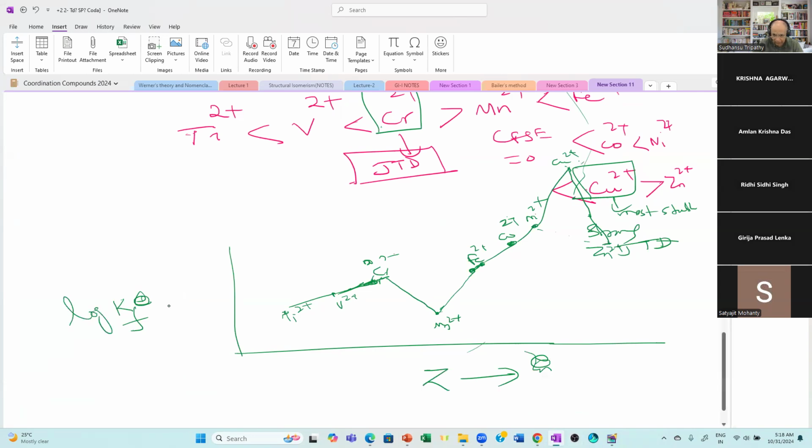So the stability is maximum for copper, and zinc is just below, less than nickel.